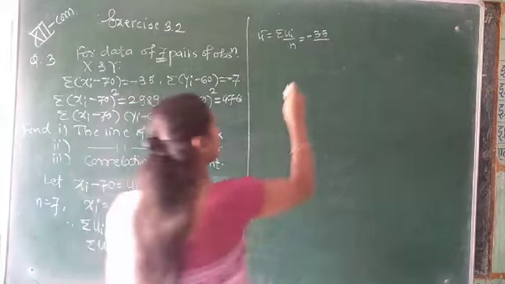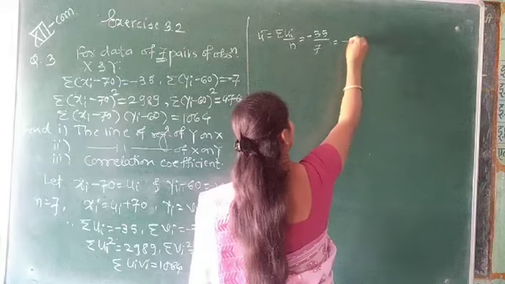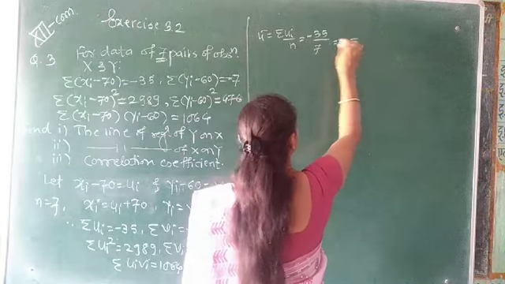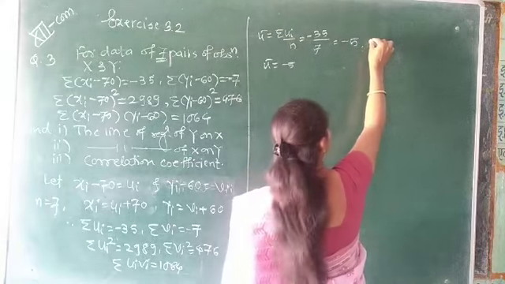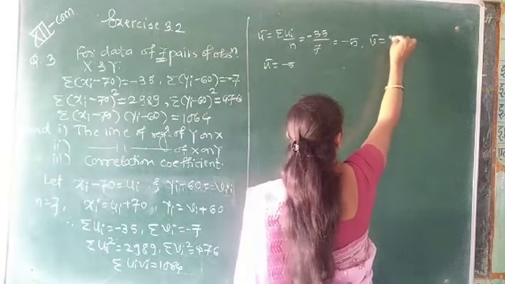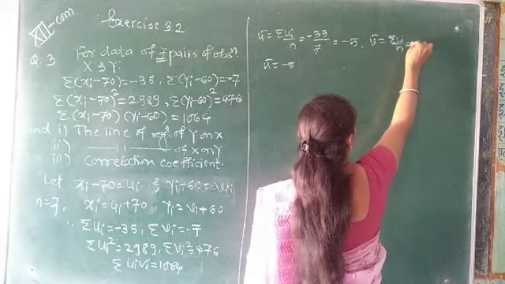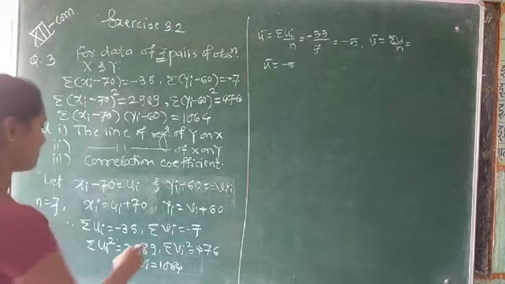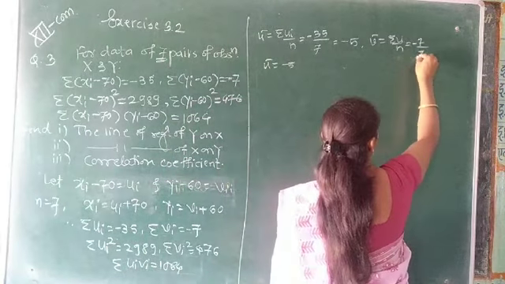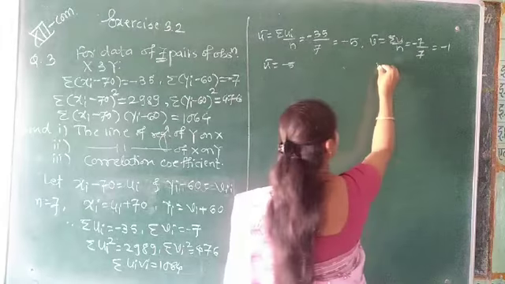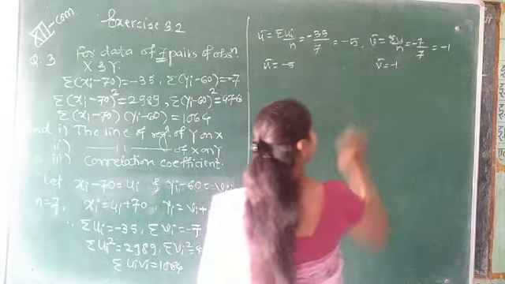So minus 35 upon 7 is minus 5. Therefore u bar is equal to minus 5. Here v bar is equal to summation vi upon n. What is summation vi? Minus 7 upon n, n is 7, hence it is minus 1. Therefore v bar is minus 1.